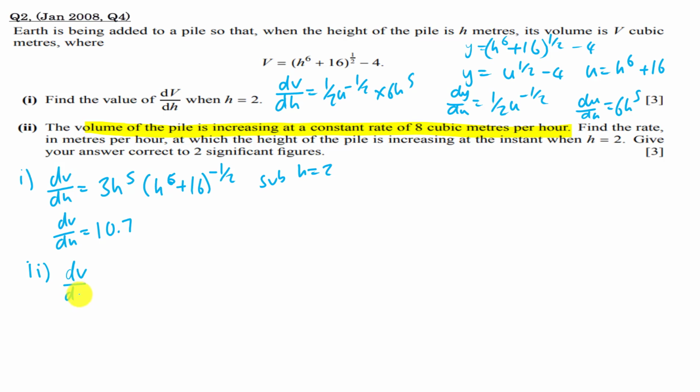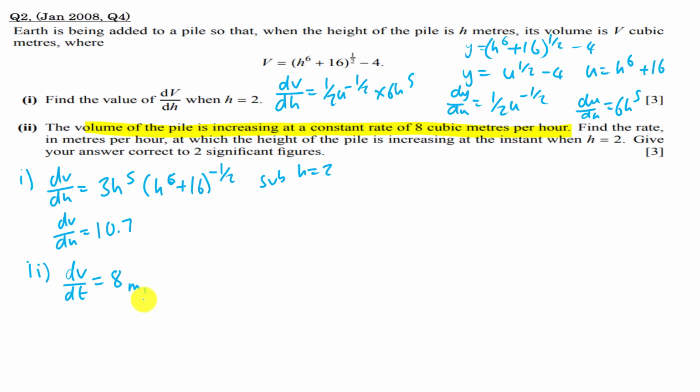So dV dt is actually going to equal 8. And I think just recognising that gets you a method mark. Oh, my pen's lost signal. Okay, that gets you a method mark.